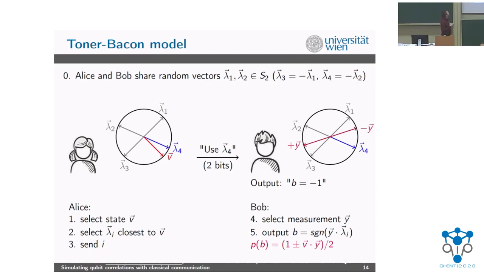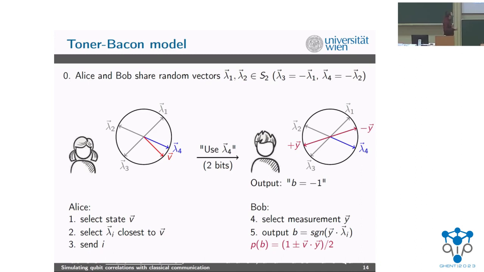More precisely, what he knows in the end is that the state Alice wants to send is closer to lambda 4 than to the other vectors, but that's it. So he learned something, but not sufficient, but still it is surprising that it is indeed enough to come up with an output for Bob that satisfies the same rules as a quantum protocol.